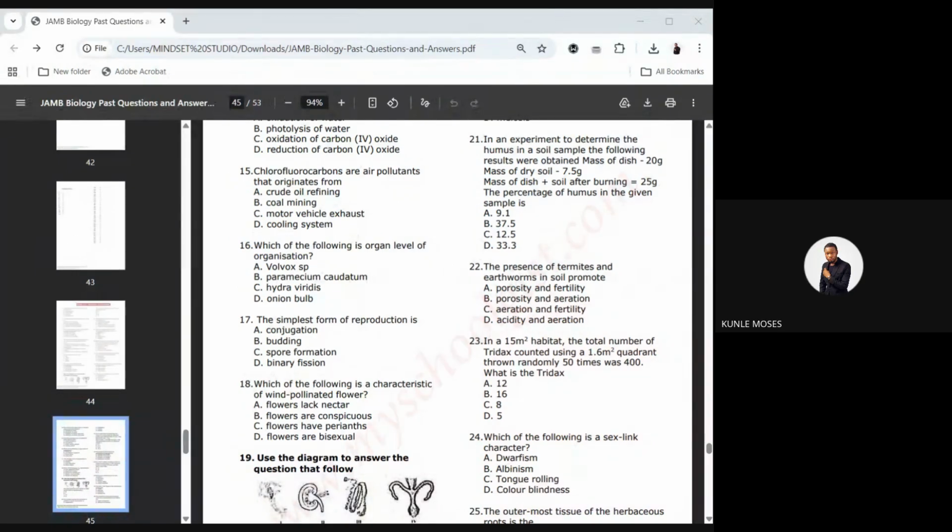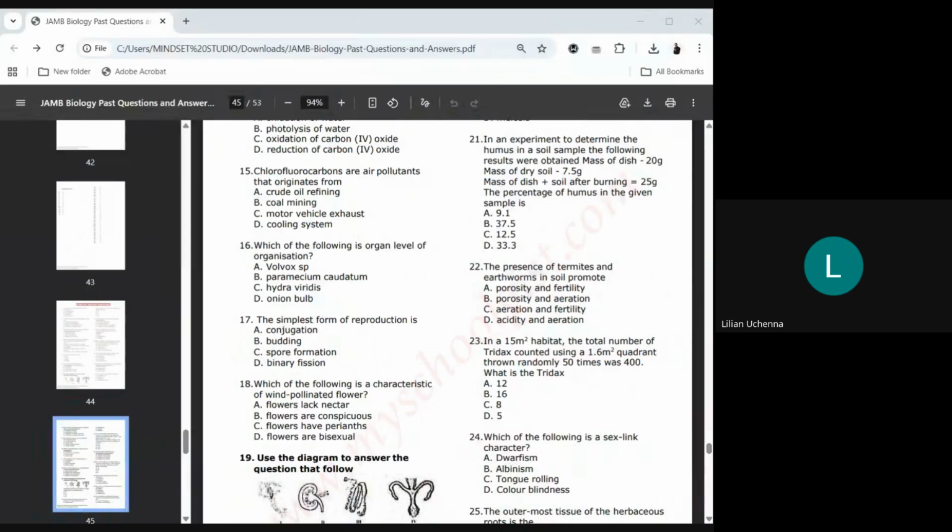Termites move in the soil, and they give space for air, or something like that. I don't know how to explain. They burrow into the soil. That means they improve soil porosity, not aeration.